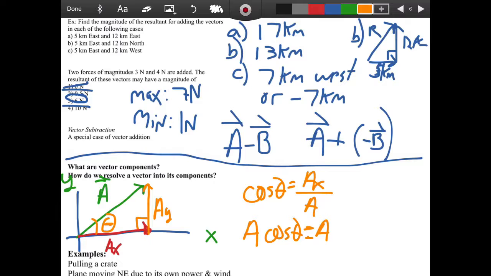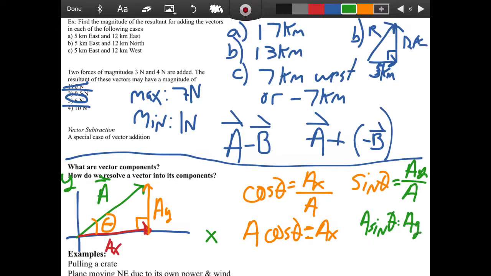The same thing applies for ay. Well, the sine of theta, use a different color, is equal to opposite, which is ay over a. So the y component would be found by doing a times the sine of theta, and that equals ay.